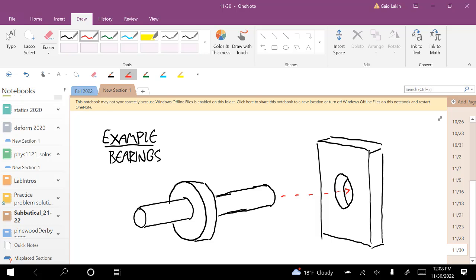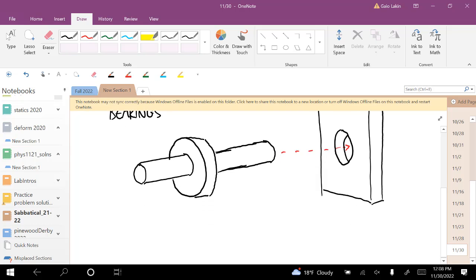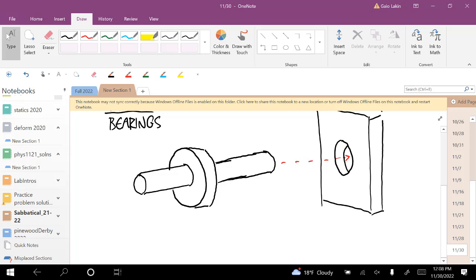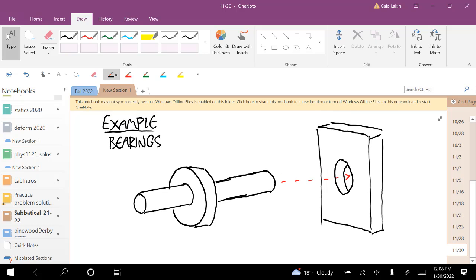So we need some dimensions. Let's say that the radius of this one is 1 centimeter, 0.01 meters. And let's say that the radius of this one is 4 centimeters.